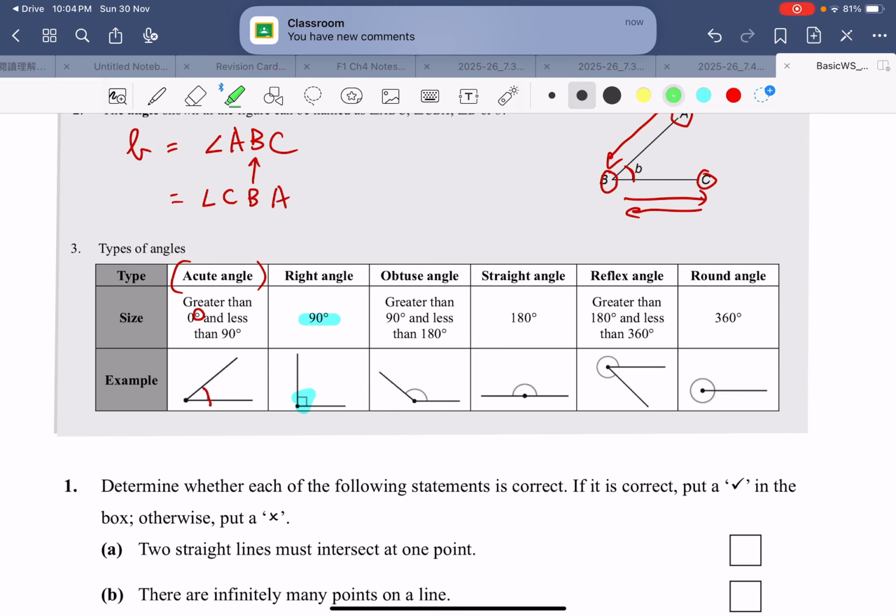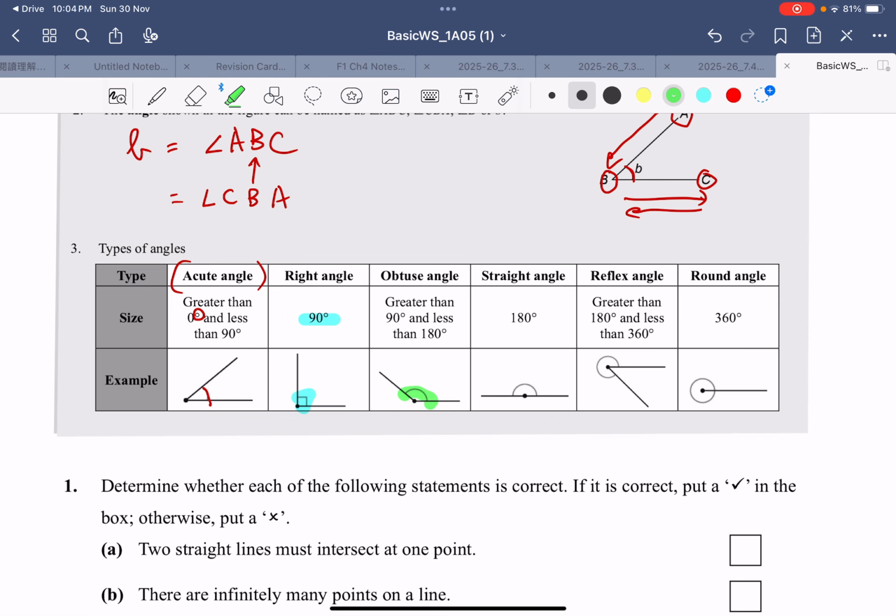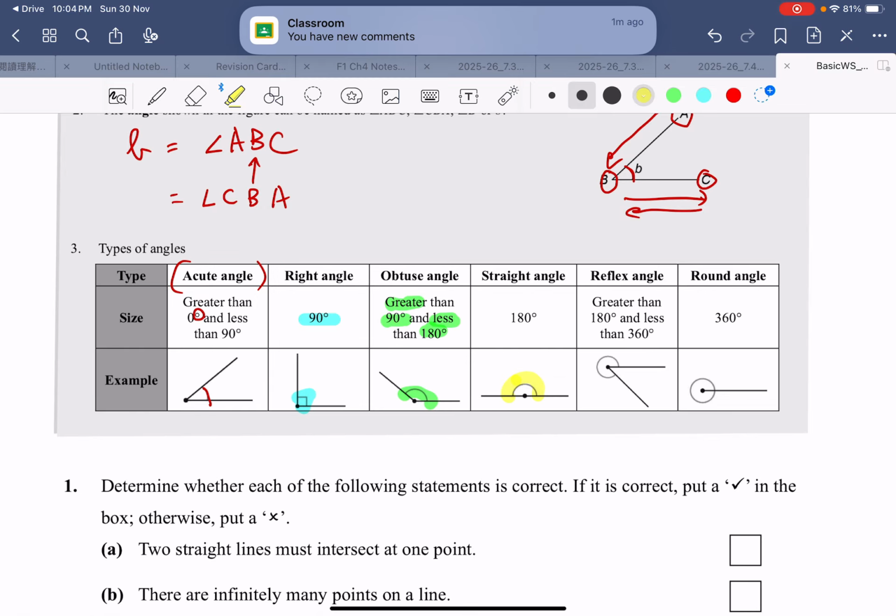And then you can have obtuse angle. This angle is greater than a right angle but less than 180 degrees. Less than 180 degrees, greater than 90 degrees. So this is called an obtuse angle. For angles that are like a straight line here, this angle is exactly 180 degrees.